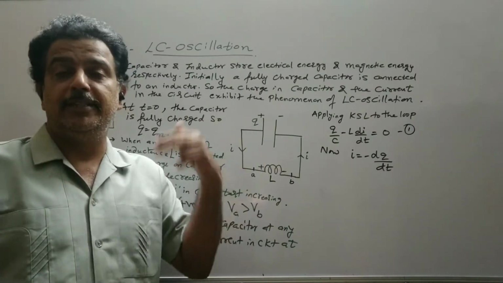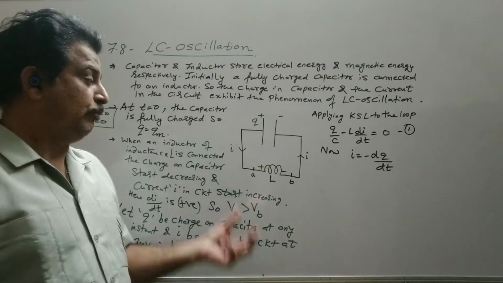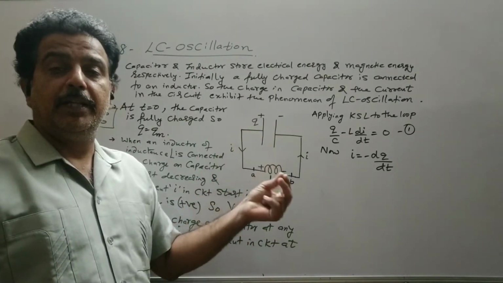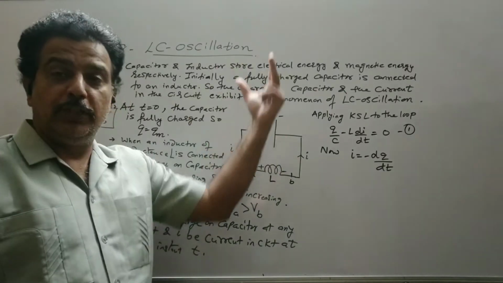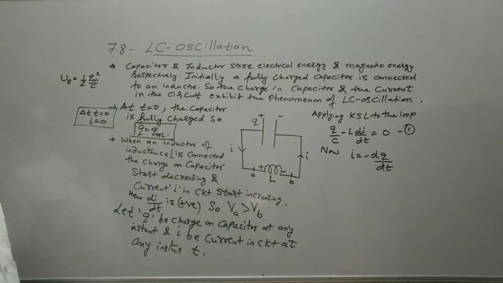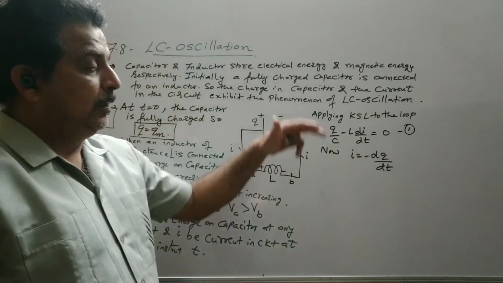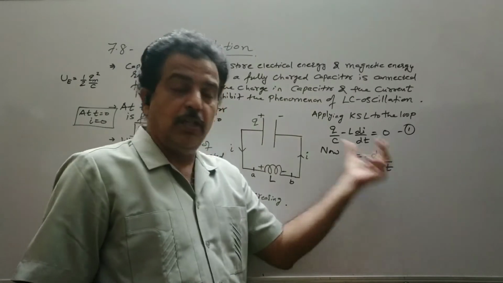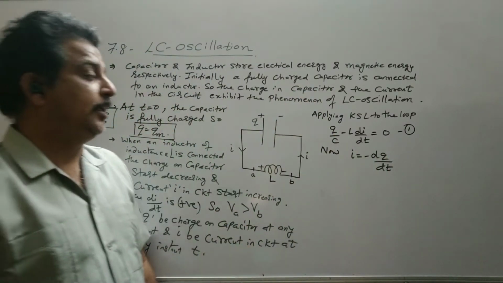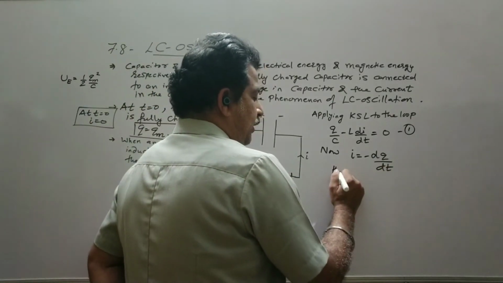So change in charge, that is final charge minus initial charge, the final charge on the capacitor will be less as compared to its initial charge, because initially it was fully charged. So this minus sign indicates that the charge in the circuit is decreasing and correspondingly the current is increasing. So I is equal to minus dq by dt.